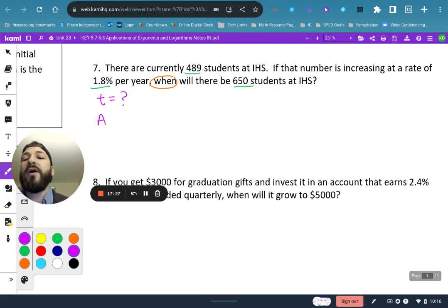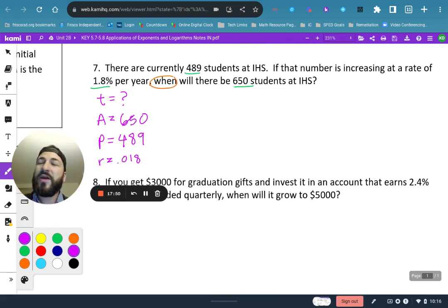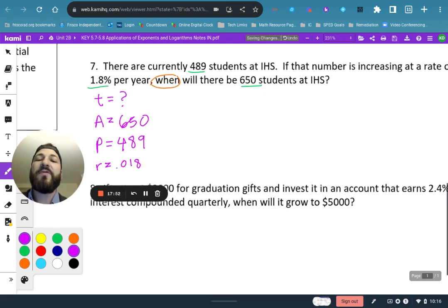We have our A value, our final amount. It's going to be 650. We have our P value, our initial amount, which of course would be 489. And then we have our rate, 1.8%. It's going to be a teeny tiny 0.018. And so we can go ahead and set up our equation from here, just like we've been doing so far.